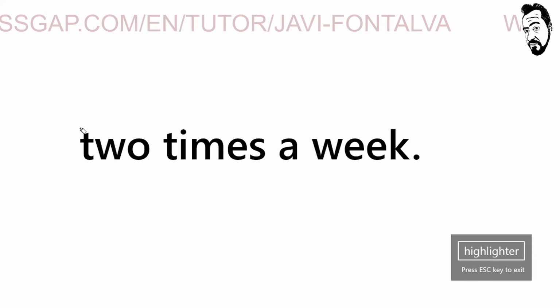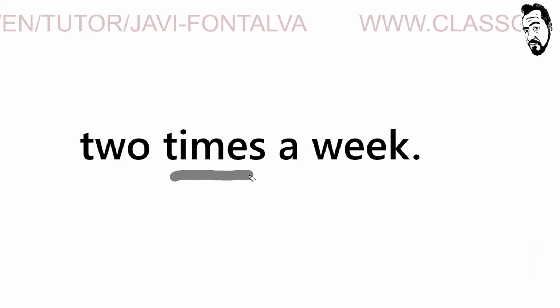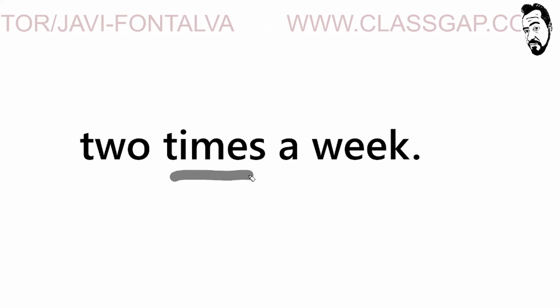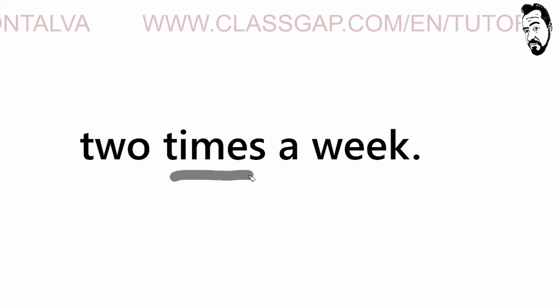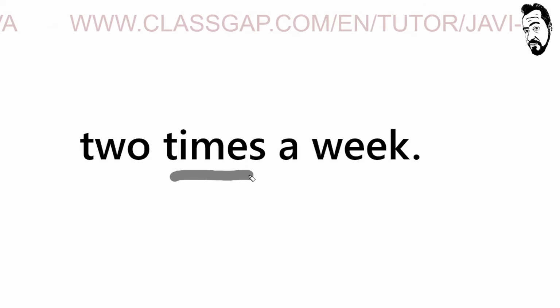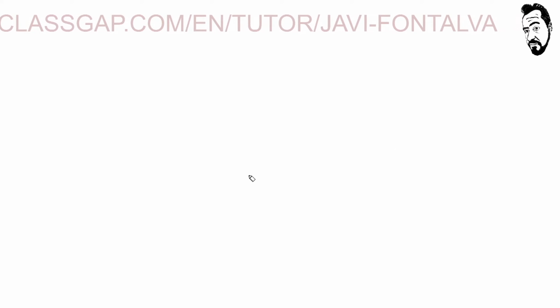Okay, this time here, we're not talking about the time of the clock. We talk about another time. We talk about the numbers of repetition you do something. So this time is countable.